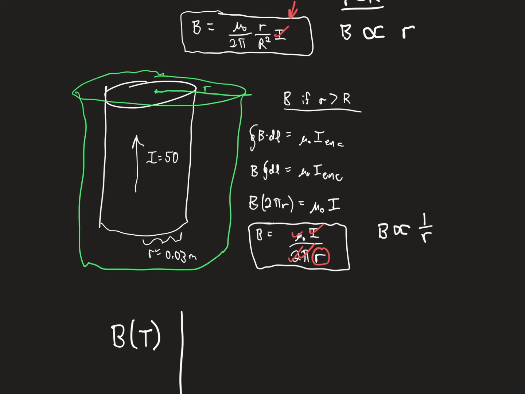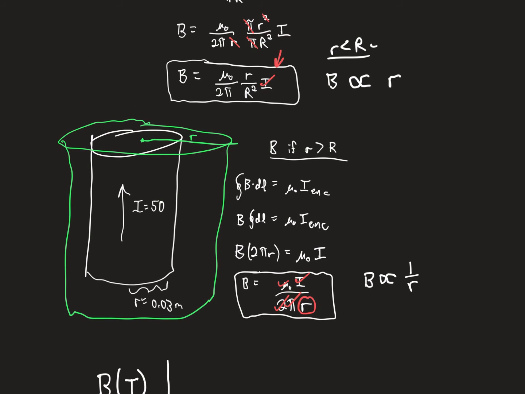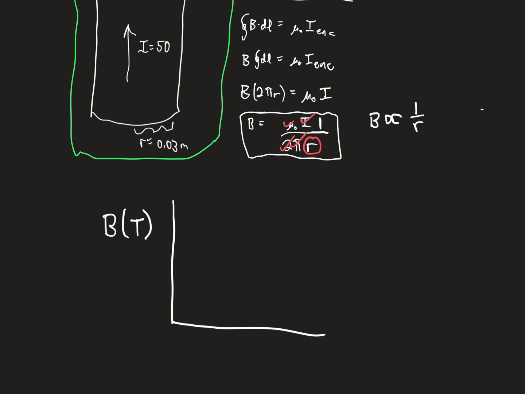Why? So we have the question, why is that true? For the last one, I have all these constants, and I'm left with 1 over r. Right? So it's proportional to 1 over r. So if I plot this, it looks like this.